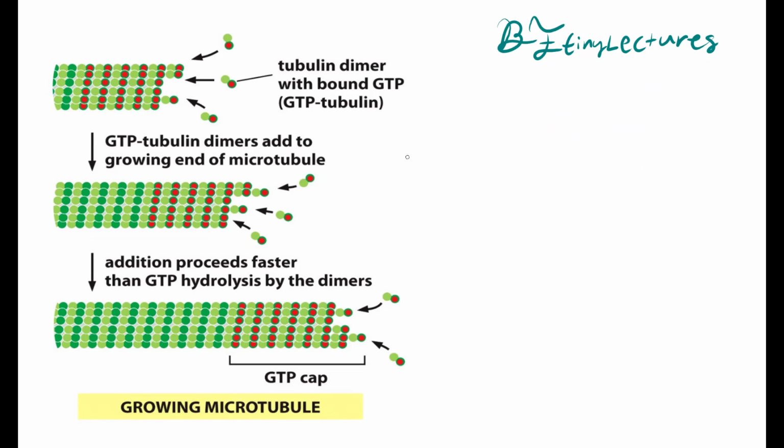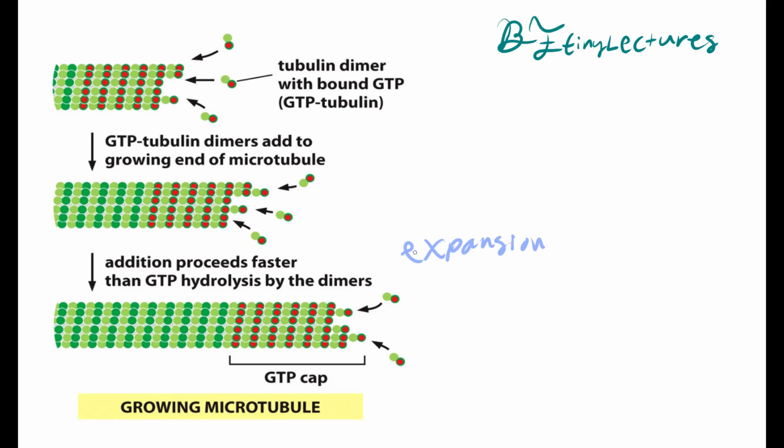And here's another picture showing the expansion. Here we have the tubulin dimers, and they're bound with GTP. As long as the GTP is not hydrolyzed, then we will continue to add more dimers to the protofilaments. And eventually we will keep expansion. So this is expansion.